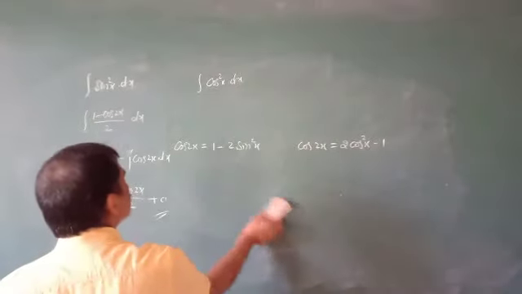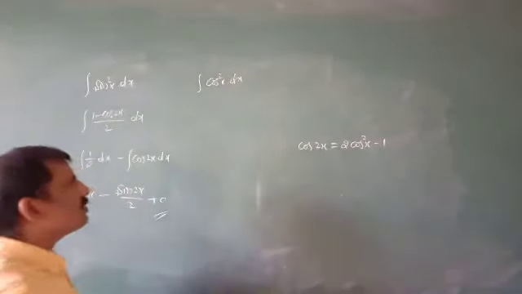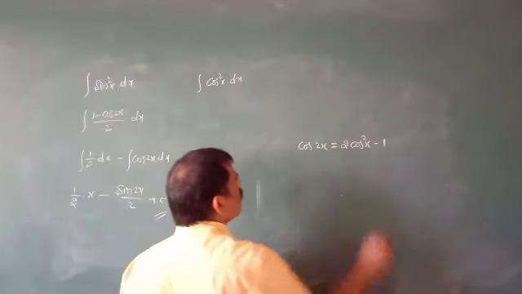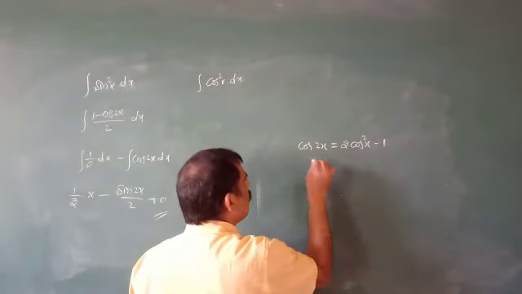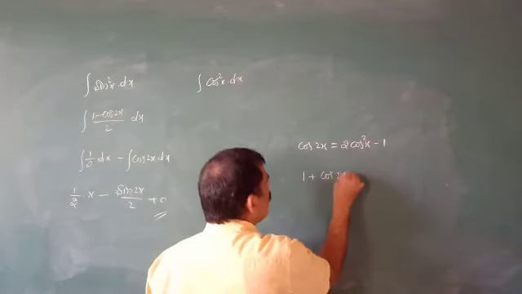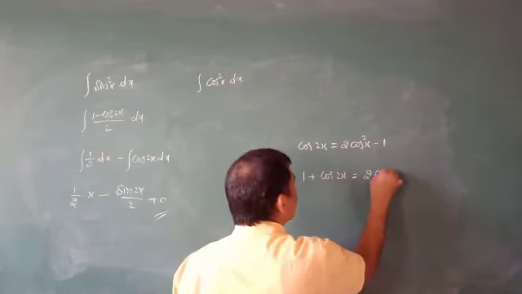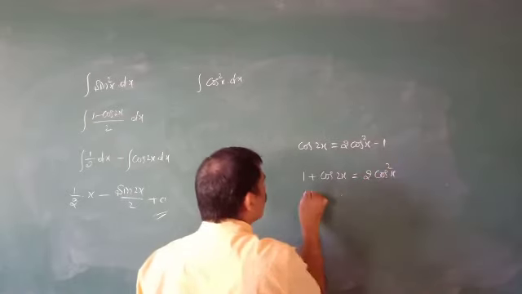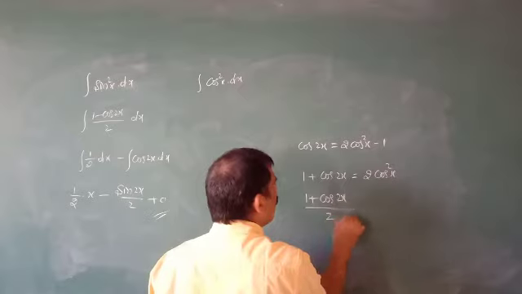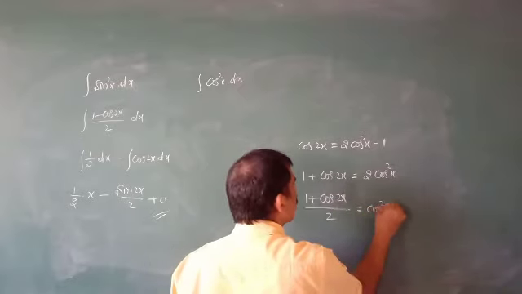Another one is cos square x, which is also written as cos 2x is equal to 2 cos square x minus 1. Taking the 1 to this side, 1 plus cos 2x is equal to 2 cos square x. If we don't need the 2, 1 plus cos 2x divided by 2 is equal to cos square x.